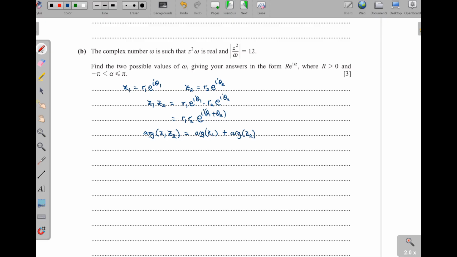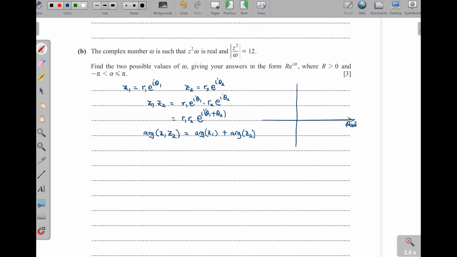You see that? Now here, they said that this one here is real. So if it is real, that means it is lying on the real axis. We don't have the imaginary.